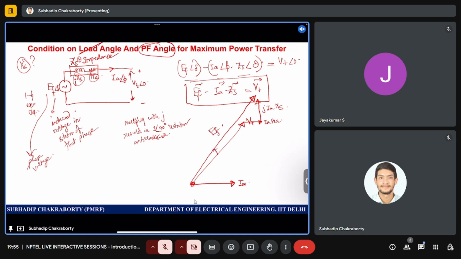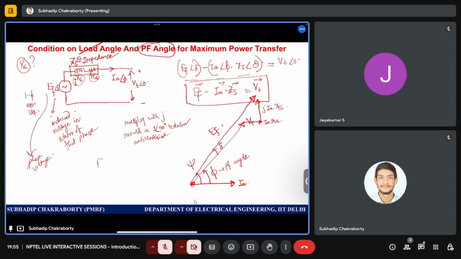The angle between VT and EF is known as delta. The angle between VT and IA is known as phi, or the power factor angle. And the angle between EF and IA is known as psi. Some notation they give.